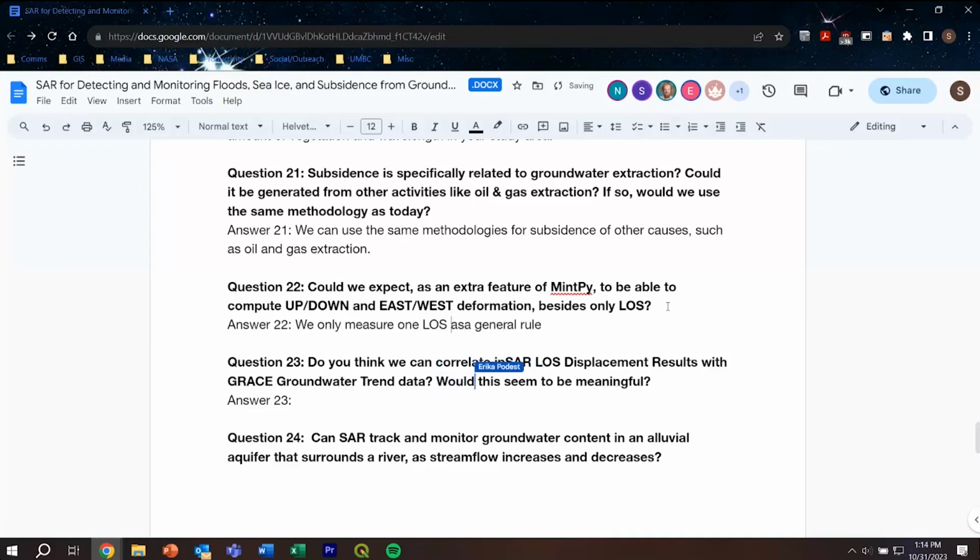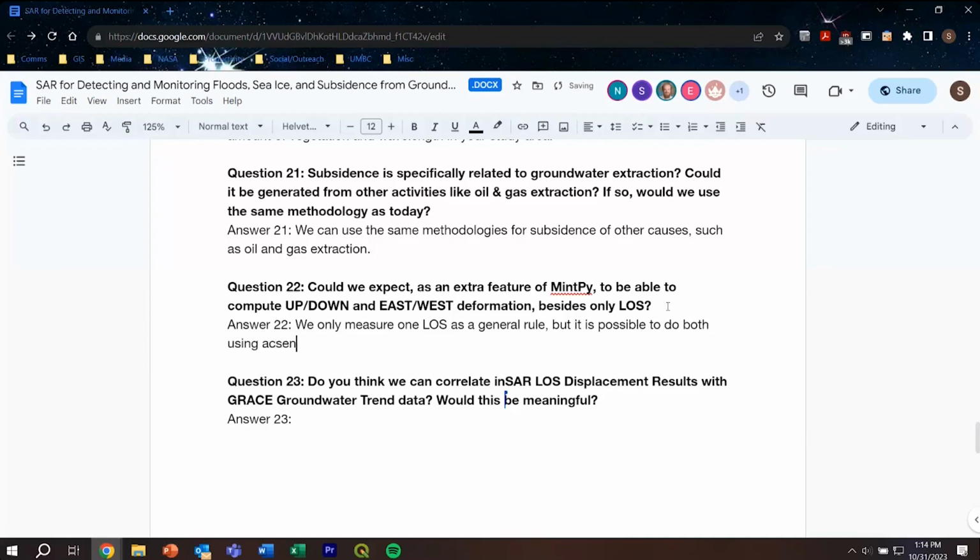And there is a function in MinPy to combine what we call the ascending and descending tracks of data to estimate the up, down, and east-west components. Ascending is where the satellite is moving northward relative to the Earth, and descending is where the satellite is moving southward.